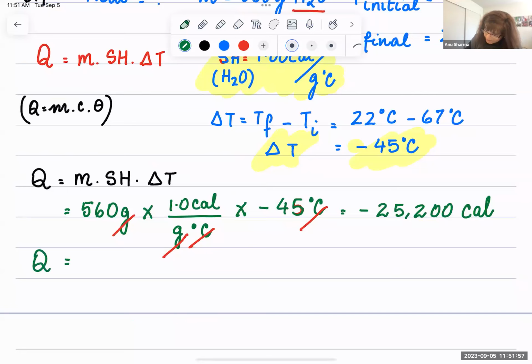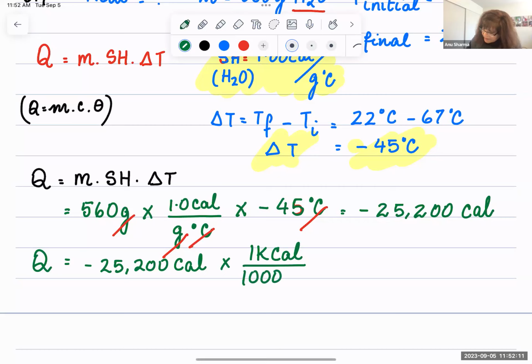So Q is equal to negative 25,200 calories times 1 kilocalorie over 1,000 calories. Here you see that calories and calories cancel out.